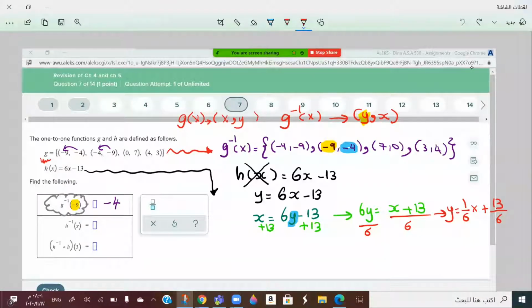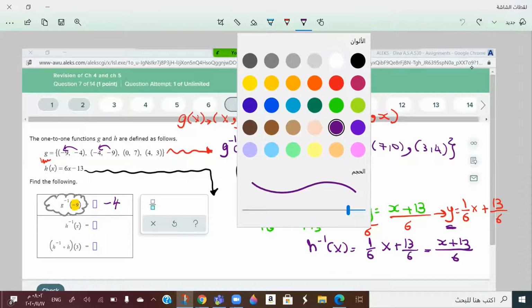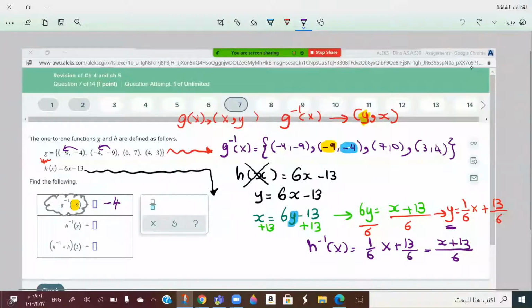And lastly, to complete your solution, your y now will be your h inverse of x: 1 over 6, x plus 13 over 6, or you can leave it as it is, x plus 13 over 6. Depends on what you have in the multiple choice. You should know both ways.